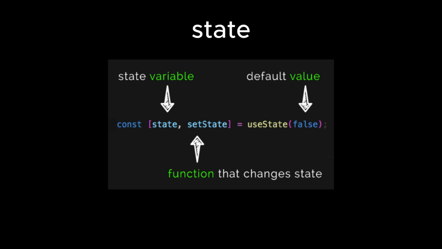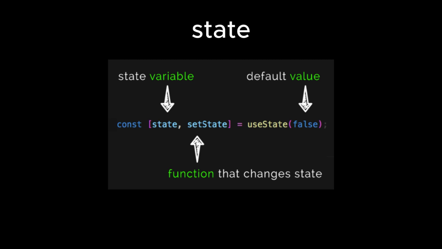States are a special type of variable in React for which React will recalculate the entire JSX whenever the value of the state variable is changing. So that is the reason we have to use state variables instead of regular JavaScript variables, because we want re-rendering of the JSX on these variable changes.